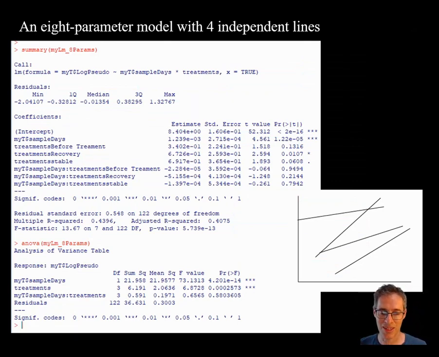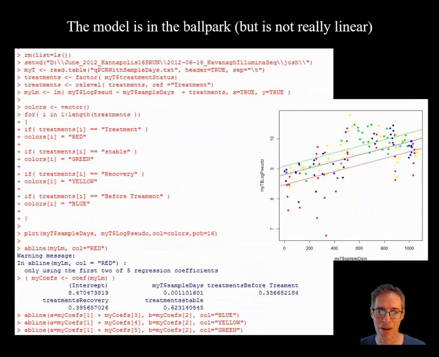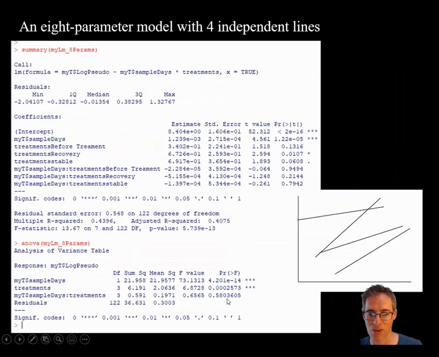So this is consistent with the 4 categories not having independent slopes. And when we look at the data, that seems reasonable, right? It seems reasonable here to think that these 4 colors, these 4 categories here, do not have independent slopes. So that seems consistent with our eyeballing the data. Treatment, under this analysis of variance from the 8-parameter model, is still significant, right?